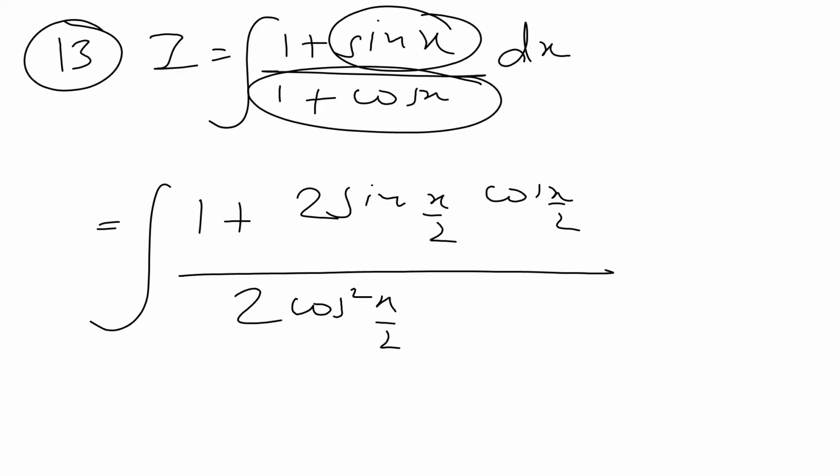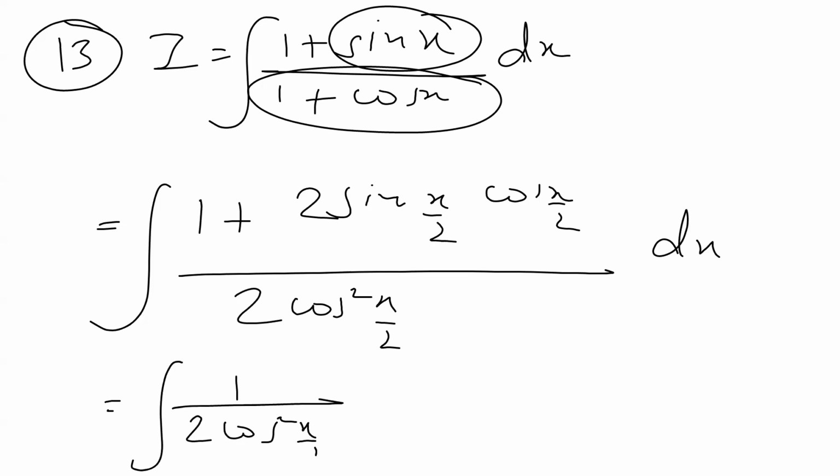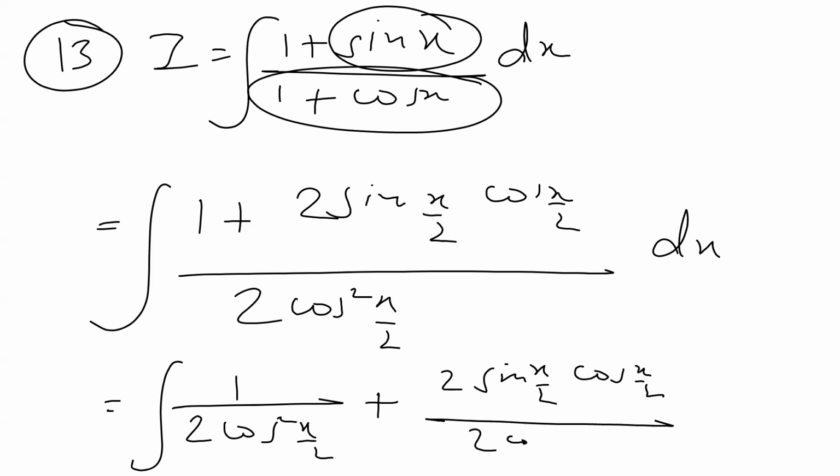So whatever I have encircled, I have used half angle, double angle over there. Now split this, 1 upon 2 cos square x by 2, or rather, yeah, that's fine. 2 sin x by 2 cos x by 2 upon 2 cos square x by 2 dx.